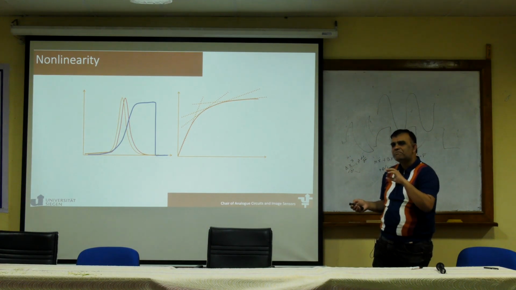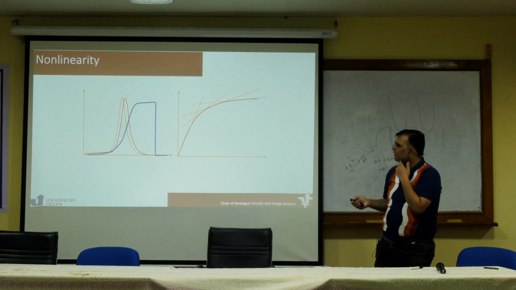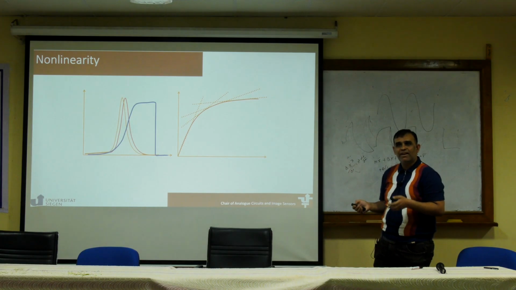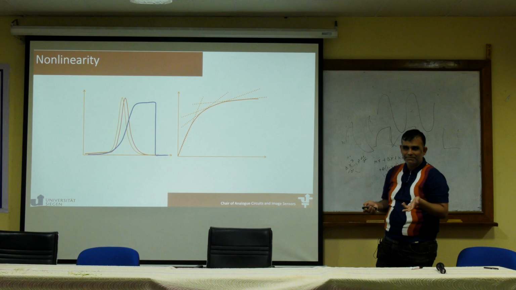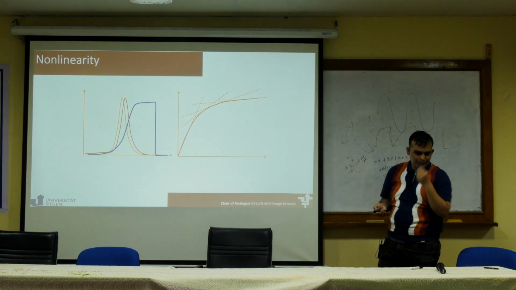So if you think about it, we could make a sensor where you operate here, and if anything changes, the response immediately falls down. That's a highly sensitive sensor, if we could control the nonlinearity. Okay?